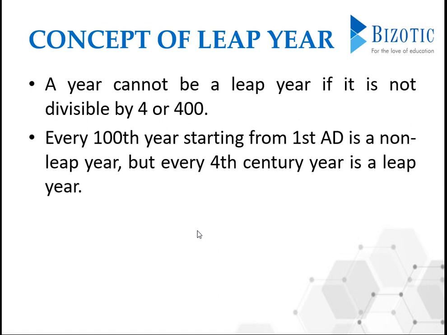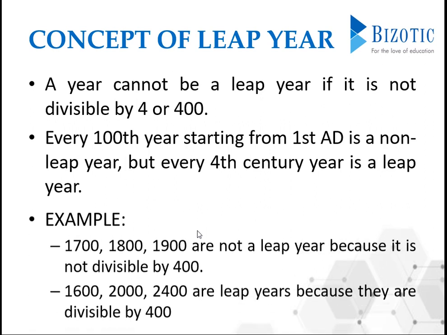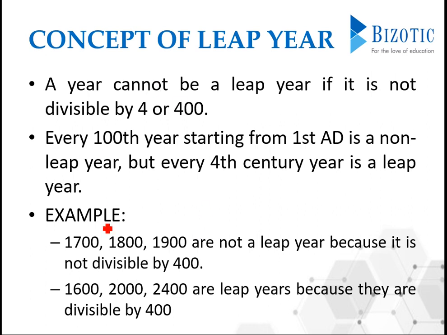The reason is every 100th year starting from 1 AD is a non-leap year, but every 4th century year is a leap year. For example, 1700 and 1800 are century years and are not leap years because they are not divisible by 400. But 1600, 2000 and 2400 are divisible by 400 and hence are leap years.